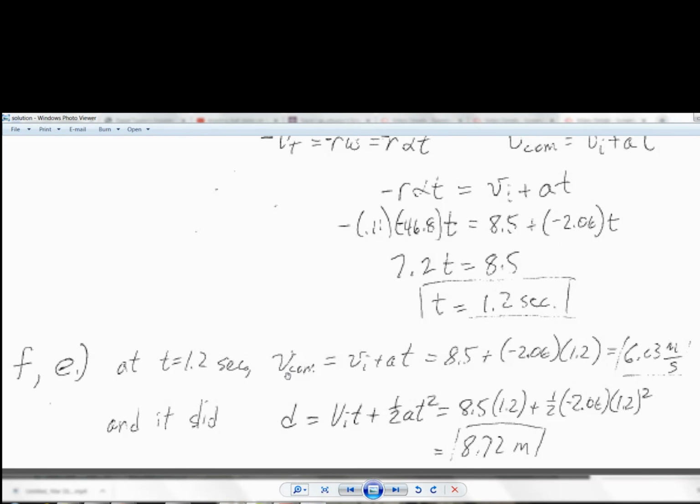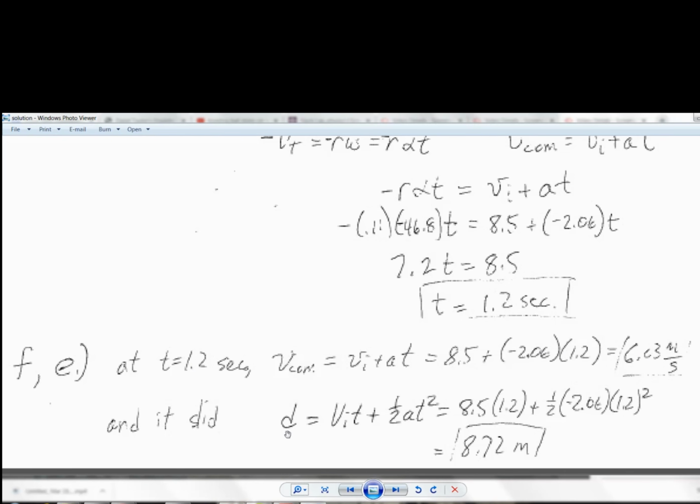So the velocity of the center of mass, it initially was released from the bowler's hand at 8.5 meters per second. It accelerated linearly at 2.06 meters per second squared for 1.2 seconds. So I know that the velocity of the center of mass is 6.03 meters per second.